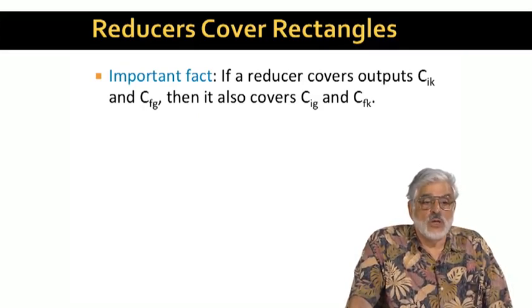If one reducer covers both outputs C_IK and C_FG, then we can swap the rows of the two outputs and deduce that this reducer also covers C_IG and C_FK.